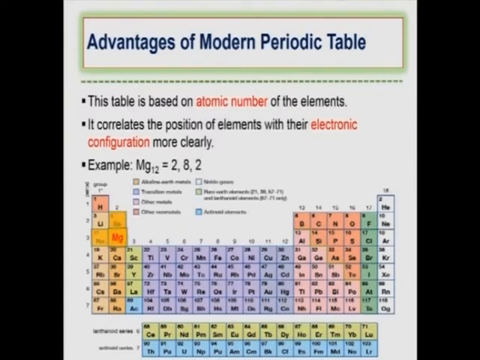How many shells does it have? It has 3 shells, so it lies in the third period. And how many valence electrons does it have? It has 2 valence electrons, that's why it lies in the second group. That is how we can correlate the position of an element by comparing its electronic configuration.